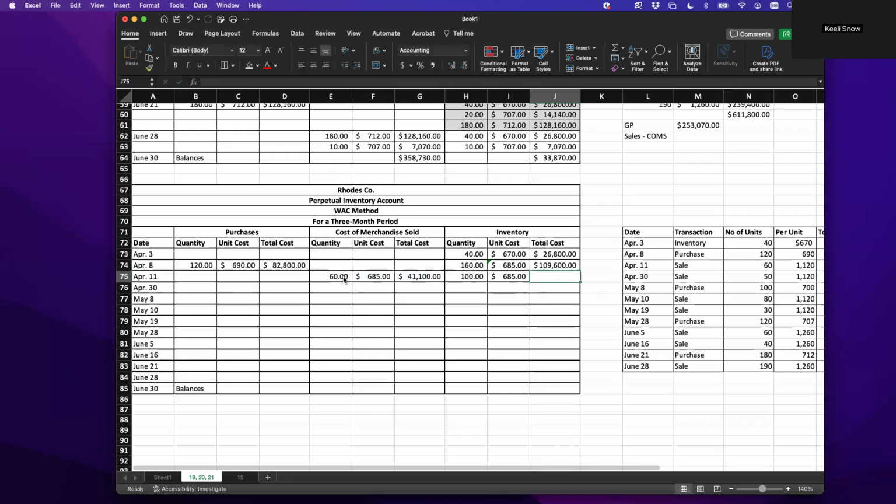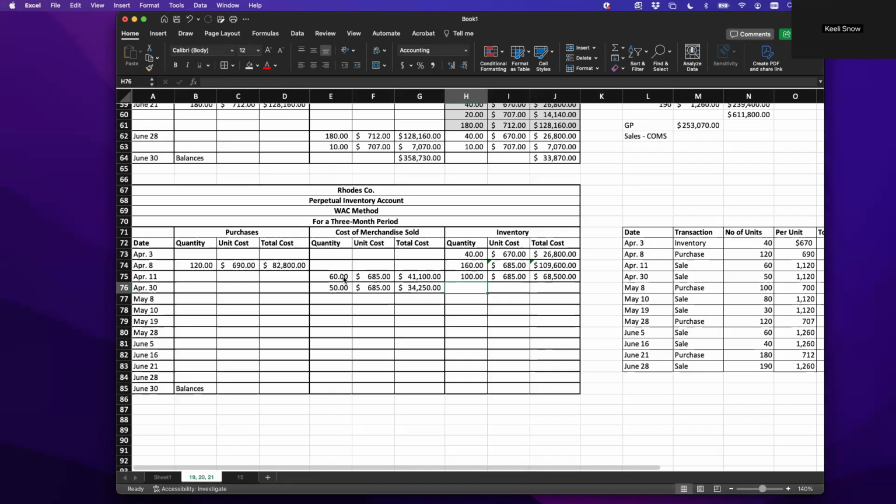For 685, 100 times 685, 68,500. We're also going to sell 50 more for 685. 50 times 685 is 34,250.